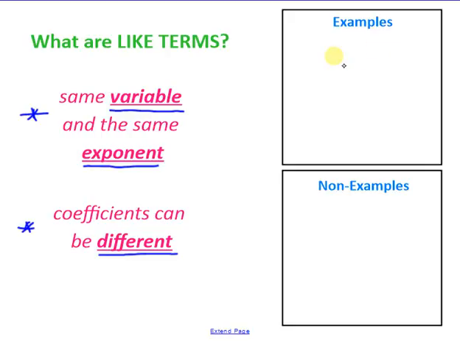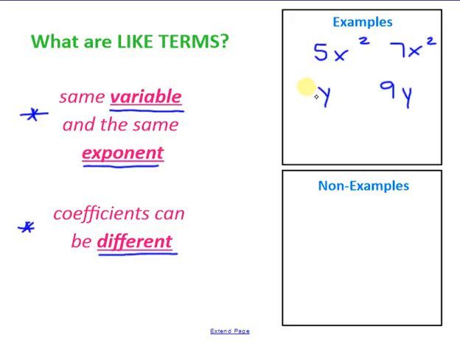Some examples of like terms would be 5x squared and 7x squared. They have the same variable, the same exponent, but the coefficients are different, okay? And then I'll show you how to combine those. Another example would be y and 9y. They have the same variable, they have the same exponent, which is 1 because it's invisible, and they have different coefficients.